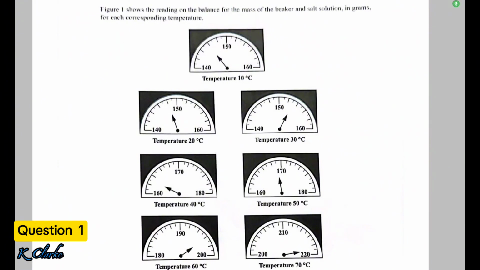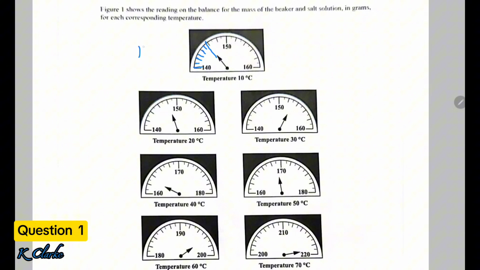We are going to measure the reading on the balance at each temperature for the mass of the beaker and the salt solution. So at 10 degrees Celsius, as you can see, this is 140, 141, 142, 143, 144, 145, and this is 146.